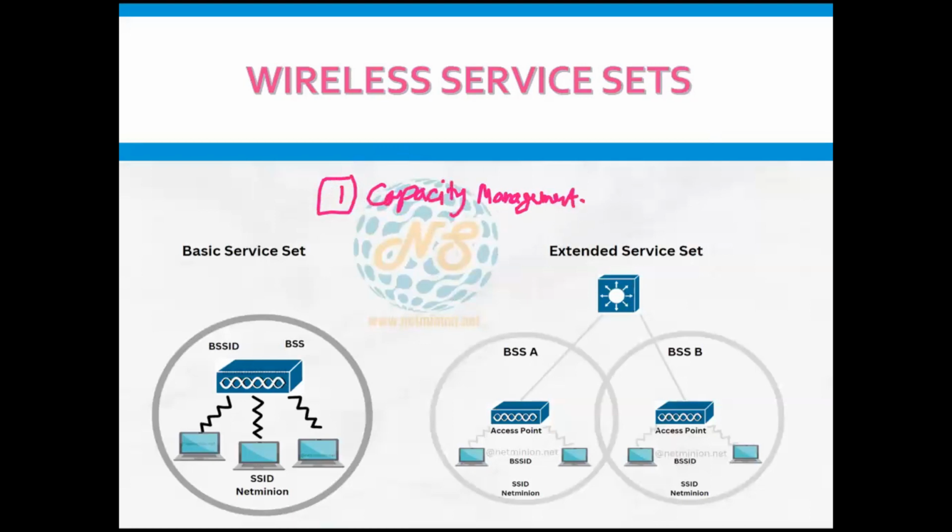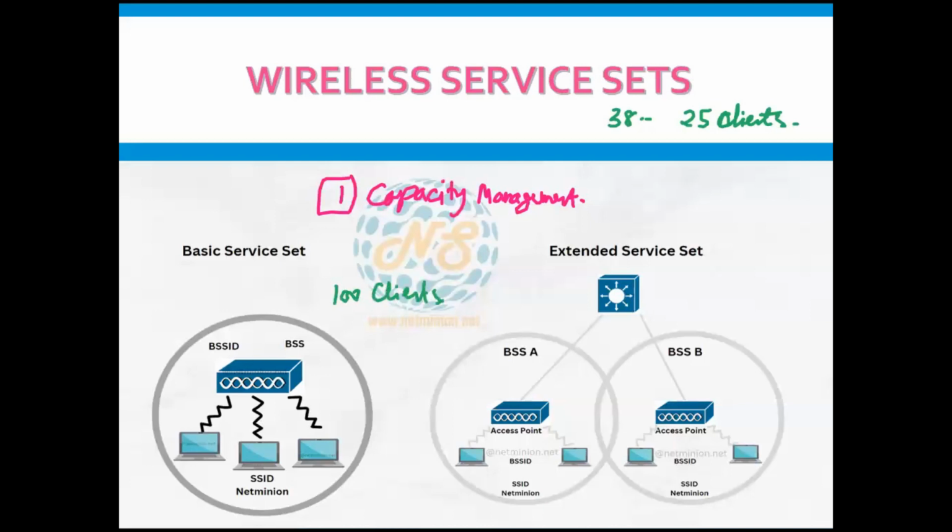What does it mean? Let us say your company is going with a specific AP of the 3800 series. The maximum it can provide is 25 clients. Your total clients are 100. You are expecting 100 clients in the office, right?